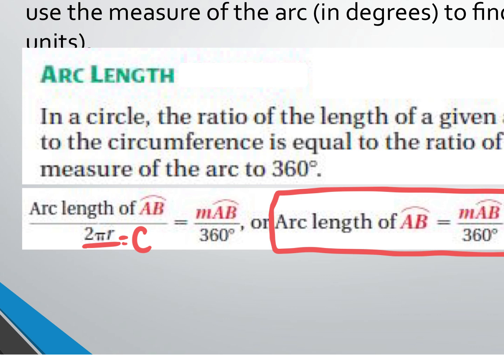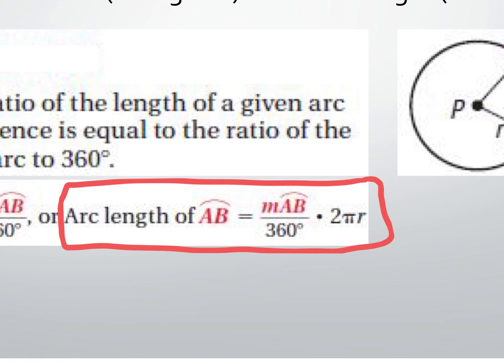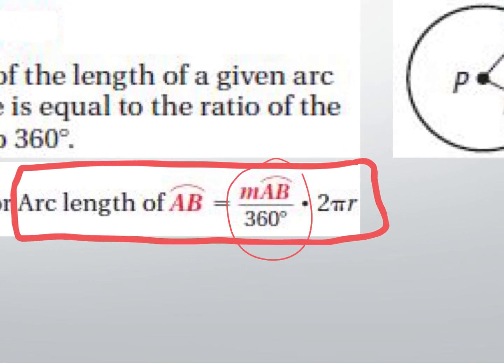Measure is like the degrees in terms of a circle, like how many degrees did we turn to get to this spot on the circle? The length is different. So how far did you travel? So how we use this formula is we say the measure of the arc divided by 360, so the measure of the arc out of the whole thing, and then you multiply it by the circumference formula, which is 2 pi r.